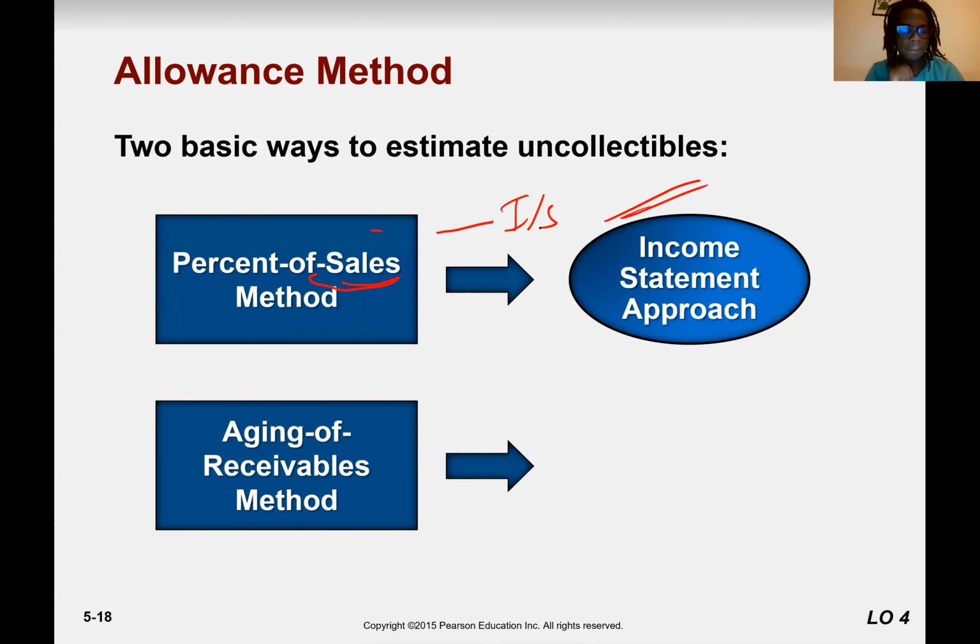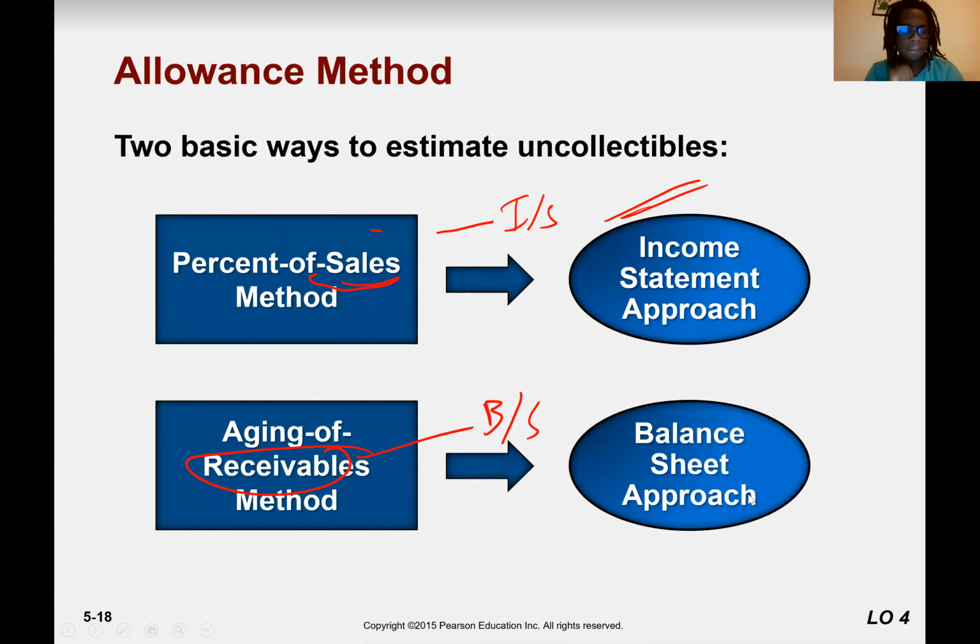Aging of receivable can be found on the balance sheet, so aging of receivable method is based on the balance sheet approach. If you use percentage of sale, you need the past income statements. If you use aging of receivable, you go for the balance sheet and then you can find out the amount for uncollectible.